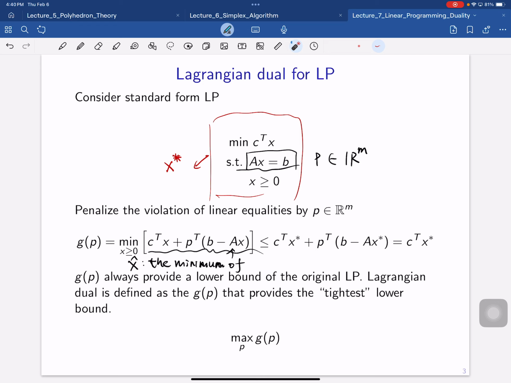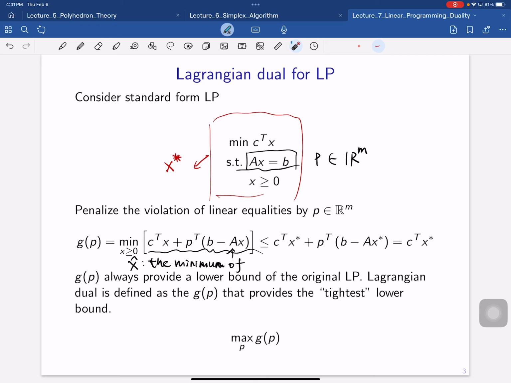Is it clear? Okay, so now let's plug in x star, which minimizes this LP. What do you get? Because x star minimizes this particular problem, x star satisfies Ax star = b. So this term goes to 0 because you have b − Ax star. You are left with c transpose x star. What is c transpose x star?